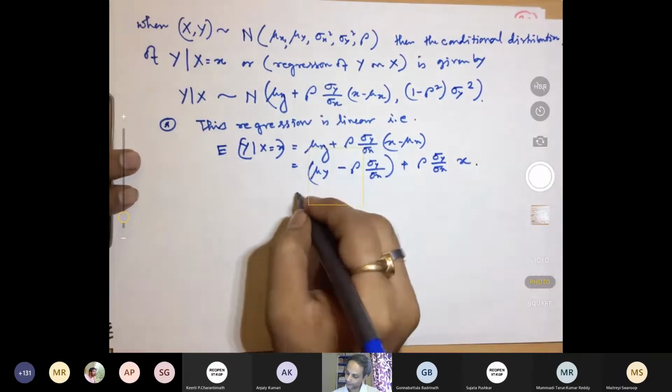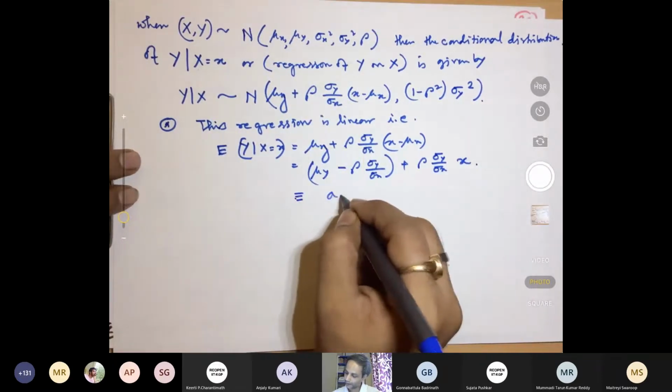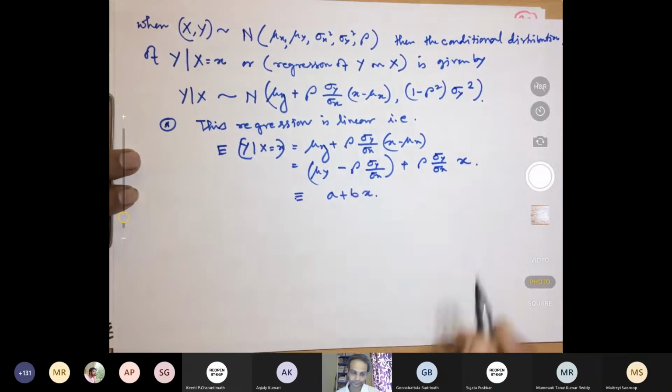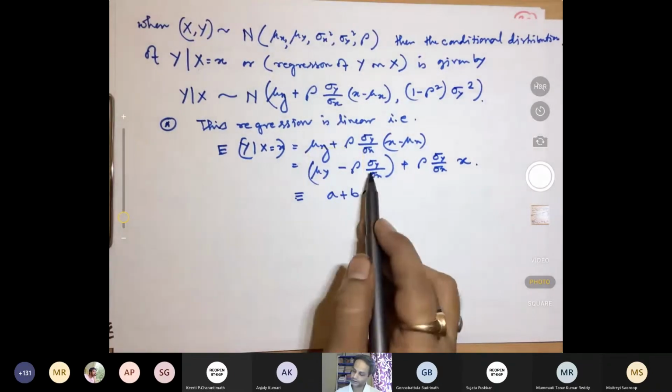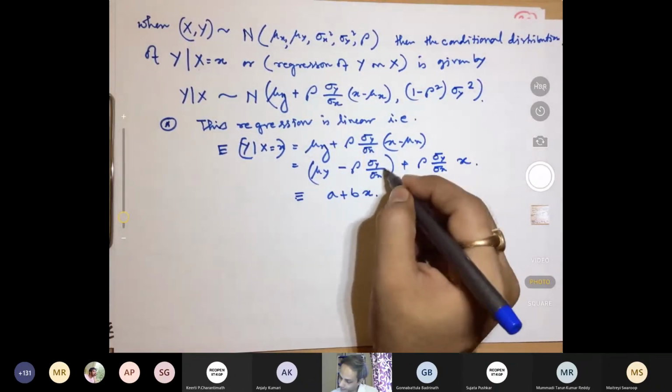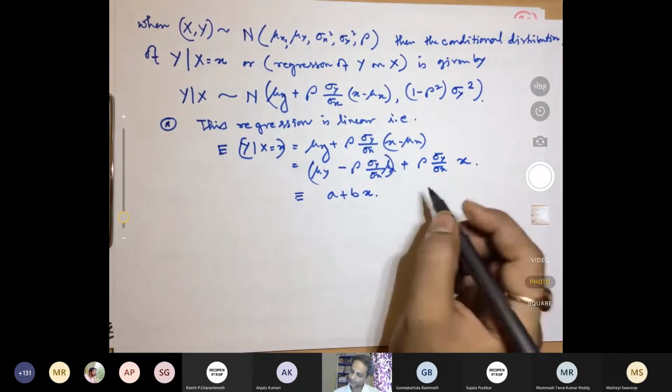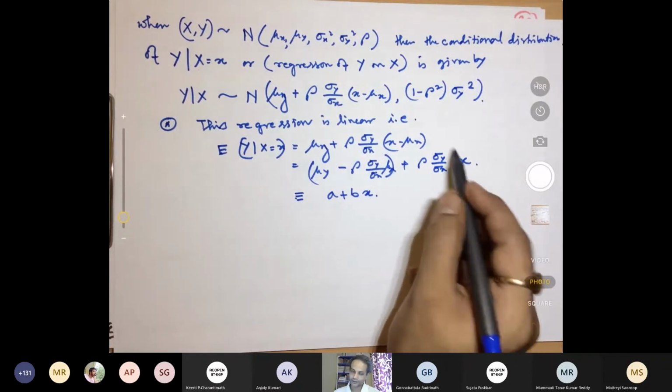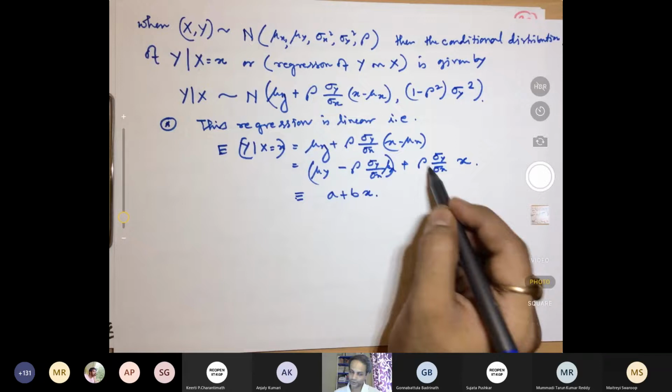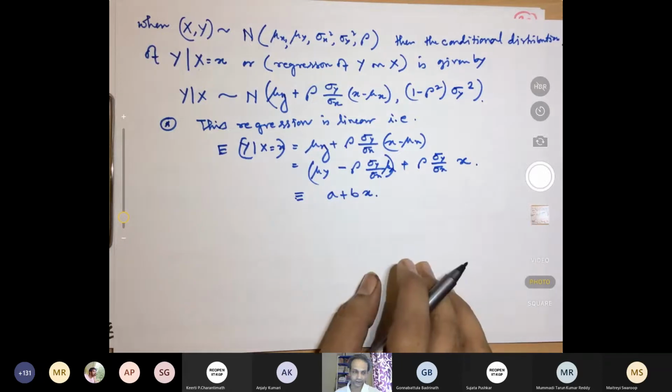So this is of the form a plus bx. This is the intercept, and this is the slope of the line. So it is linear.